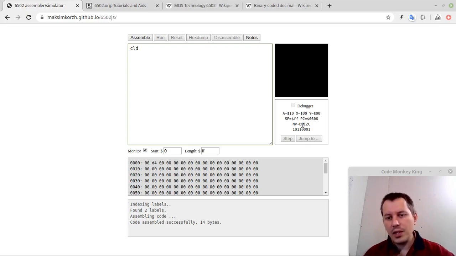So when the decimal flag is set to 0, which is the default for this environment, the addition goes in its normal way. Let's say we have LDA, which loads into the A register, for instance FA, and then we want to add with carry.